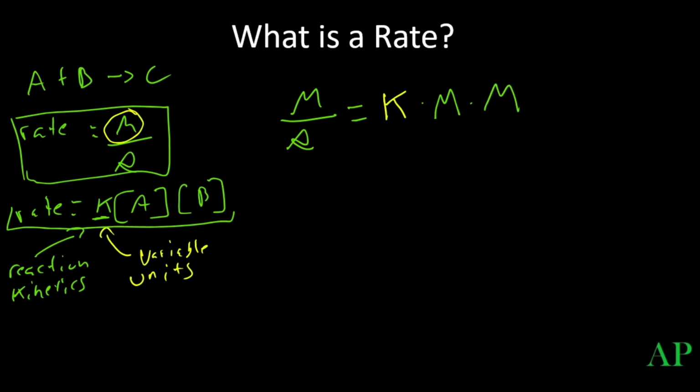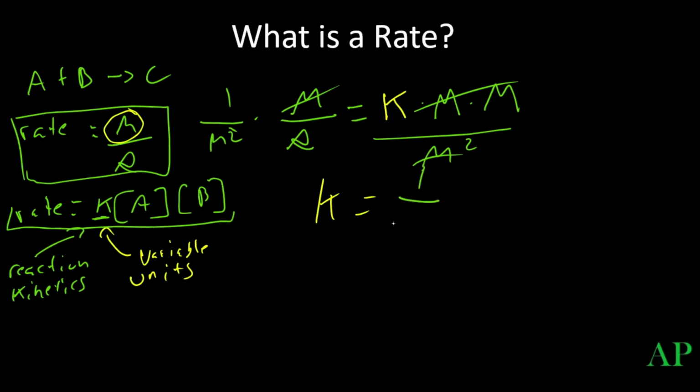How can you take this information and use it to find out the units for k? Let's divide each side by M squared. What ends up happening? These cancel out, and we have k equals 1 over molar seconds. In this case, this is the unit for k.